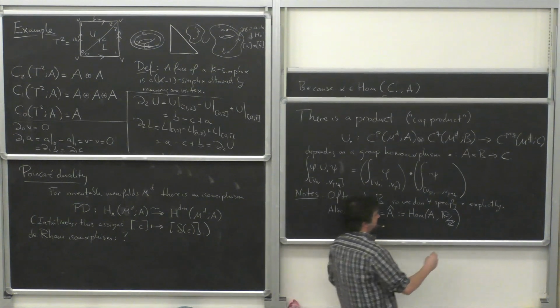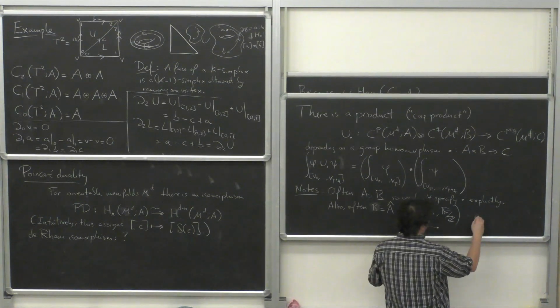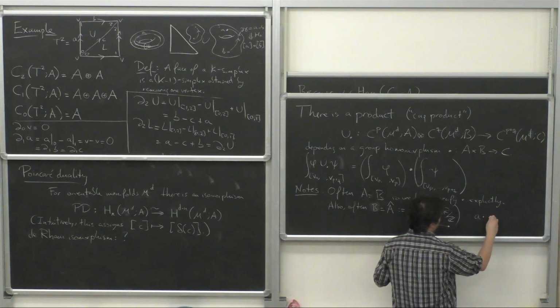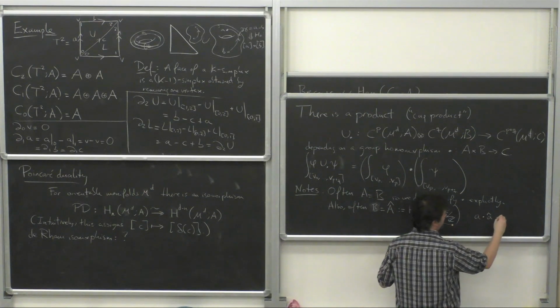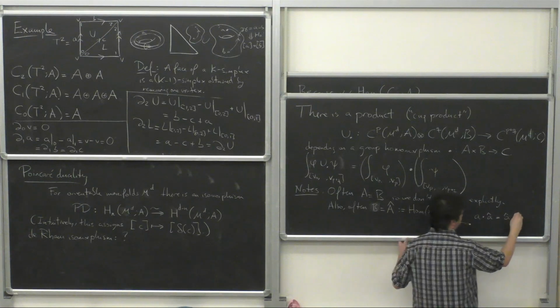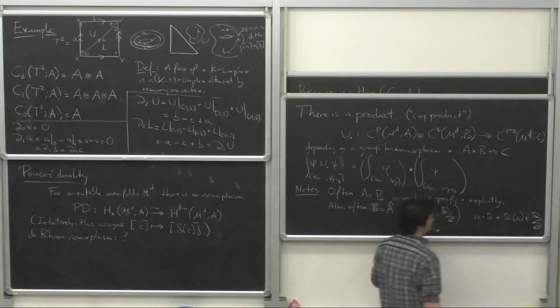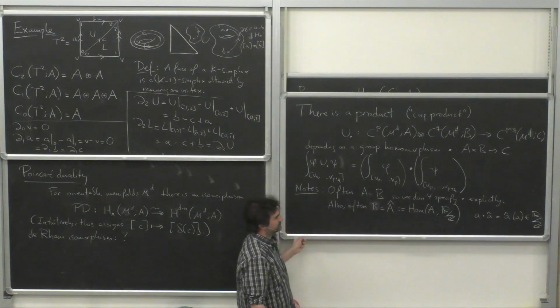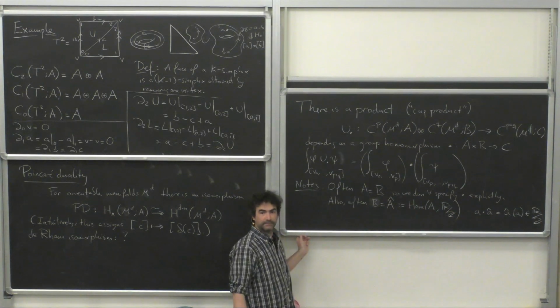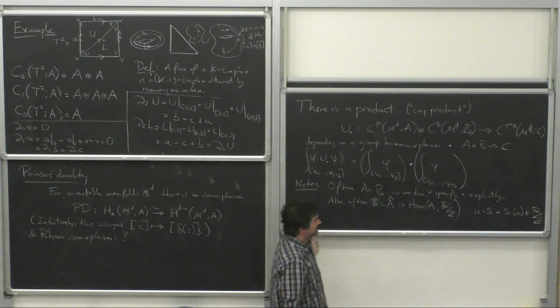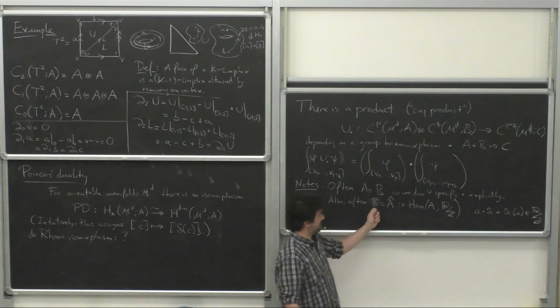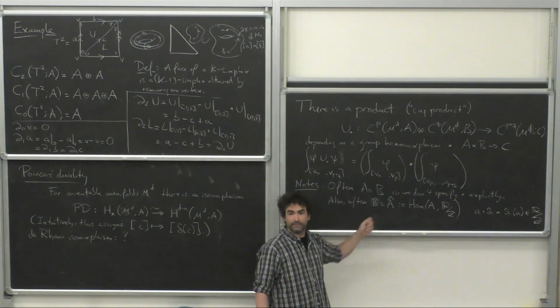So in this case, an element of A with an element in A dual is simply the evaluation of the homomorphism on A. So this is an element of R mod Z. In writing actions, especially when we are doing gaugings, this kind of thing appears more or less all the time.